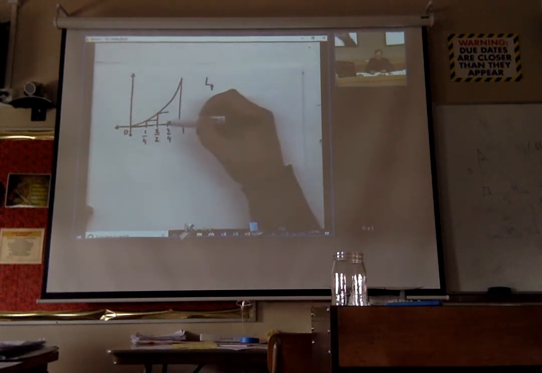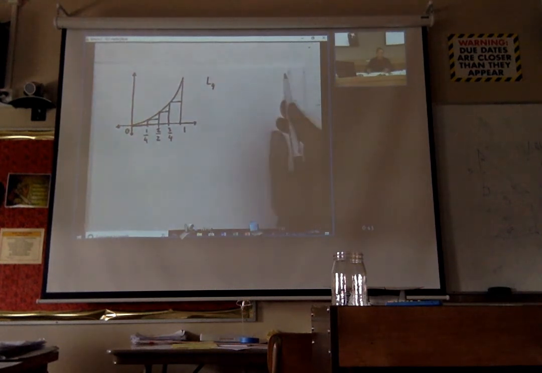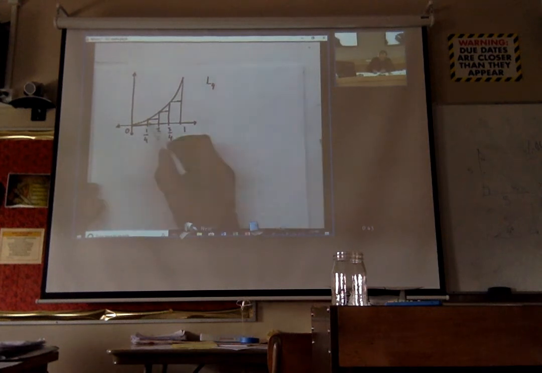Repeat this with 3 over 4, and I go to the right again. So what do you see here? These rectangles are below the curve, and this will be what? Really an underestimation, right? Can you see that? Here there's no rectangle, but right here is 1 rectangle, here's another rectangle, and here's another rectangle.